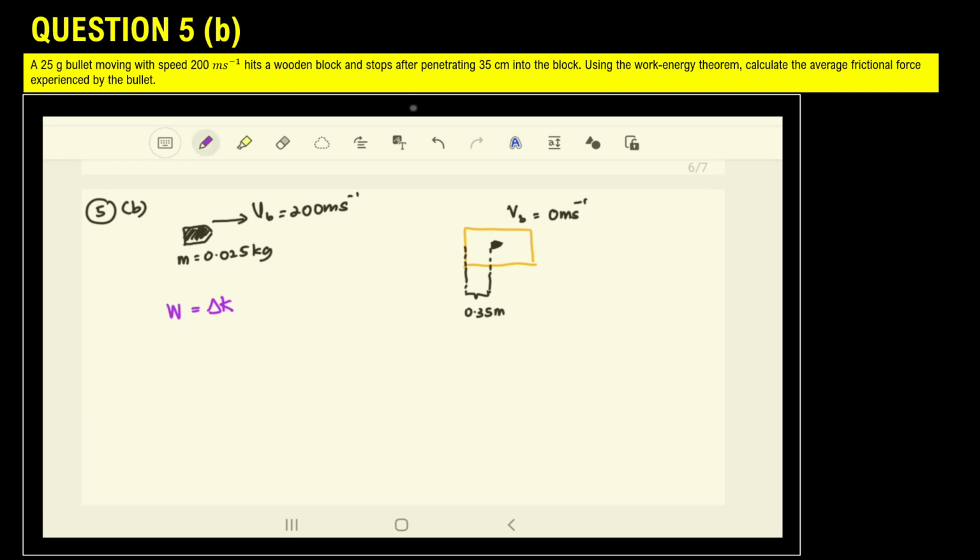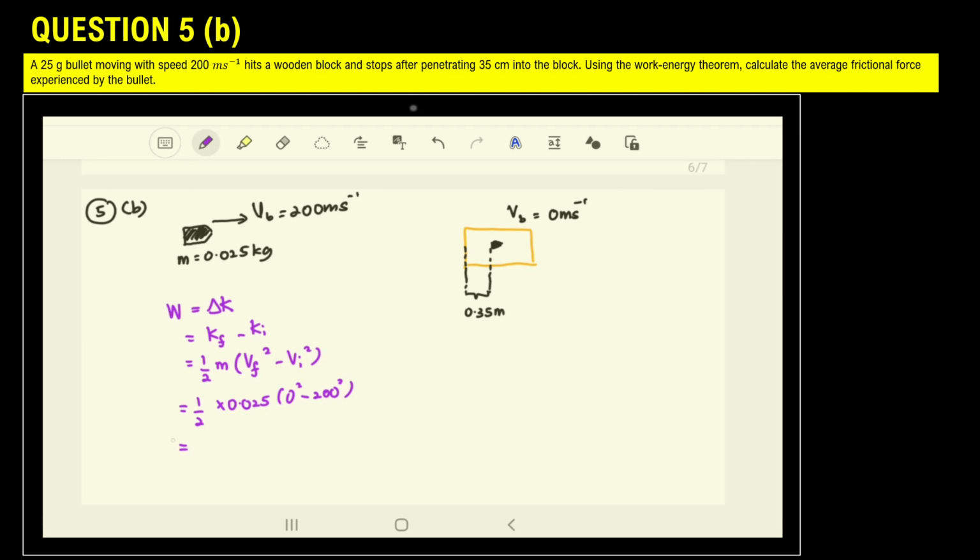So the work done by the bullet against the frictional force is equal to final kinetic energy minus initial kinetic energy. We can write half m, V final squared minus V initial squared. We substitute the values: the final velocity is 0, while the initial is 200.